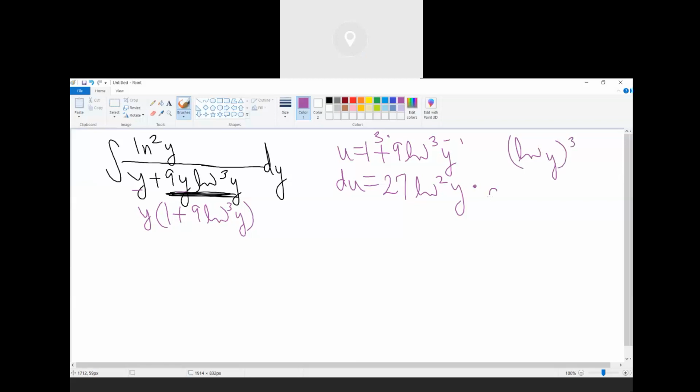So the chain rule part is take the derivative of natural log of y. The derivative of natural log of y is just simply 1 over y. So let's bring down everything we have.